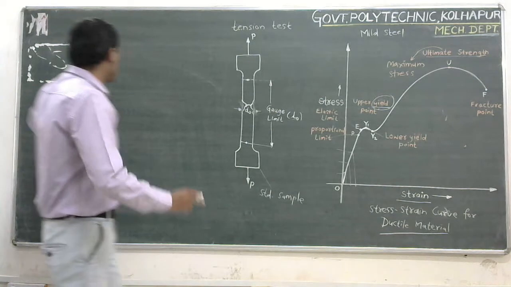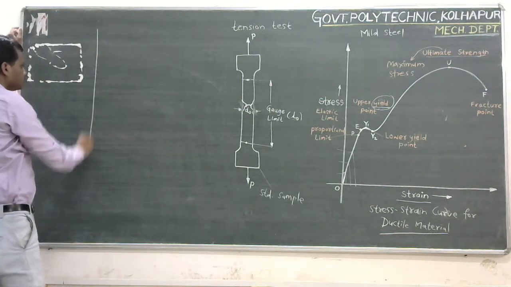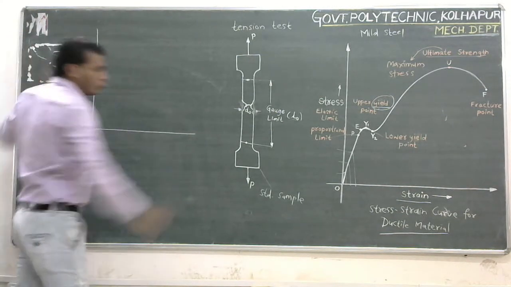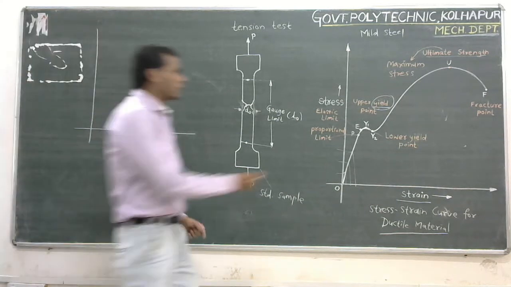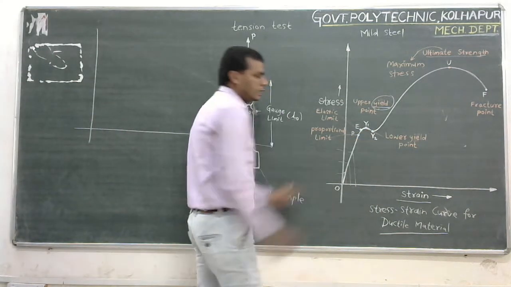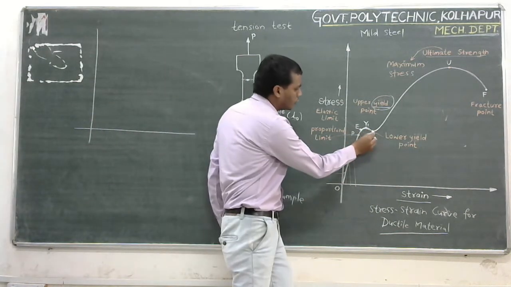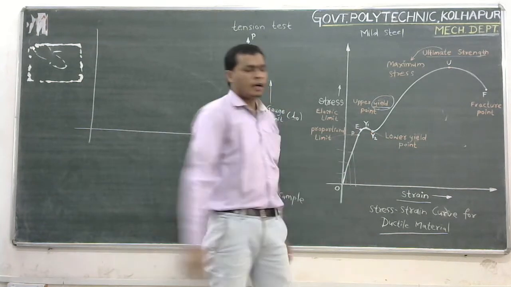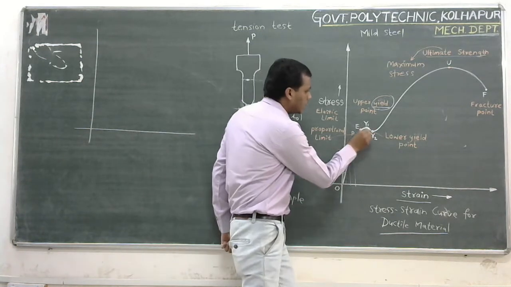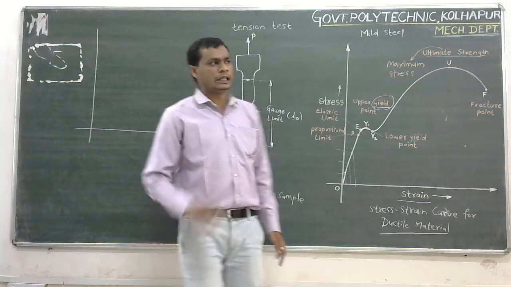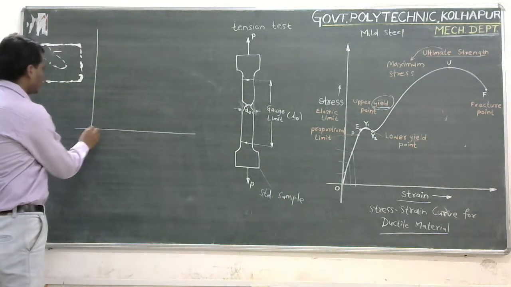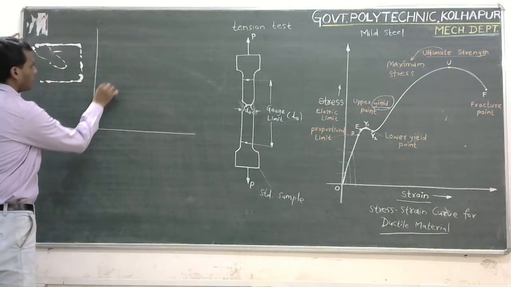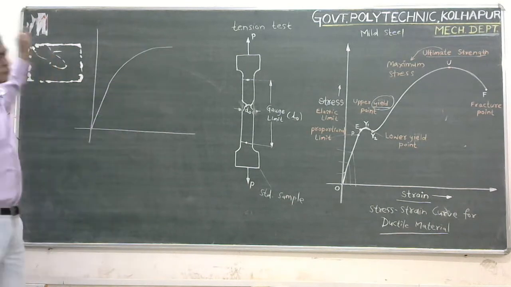So again, there is one more concept. In a few materials, there is no clear yield point. In this case, we can directly see that this is the lower yield point and this is the upper yield point, because it is clearly visible in the curve. But in some cases, the curve is like this.